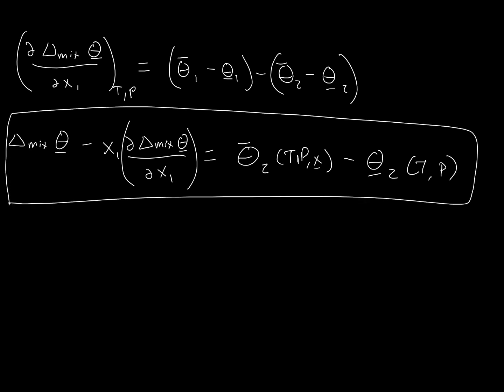And that is our final result. So hopefully it makes sense that this term will cancel out because we're multiplying it by the x1, and it looks just like the delta mixing term.